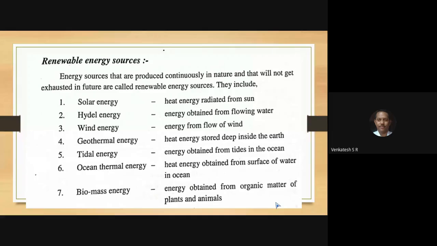Next line, number five, tidal energy: energy obtained from tides in the ocean or sea.